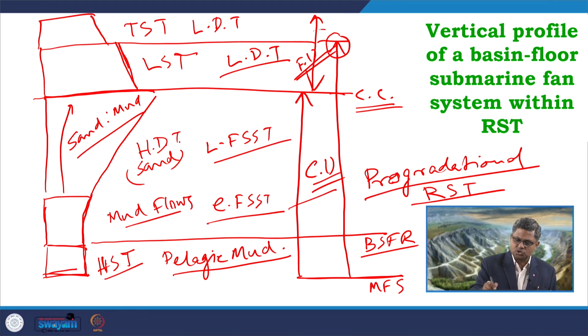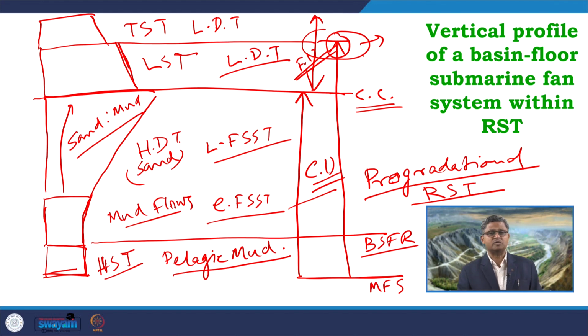So, this turnover point, where we get a changeover from progradational to retrogradational, demarcates the end of RST and start of TST. So, this surface is definitely the maximum regressive surface over here.